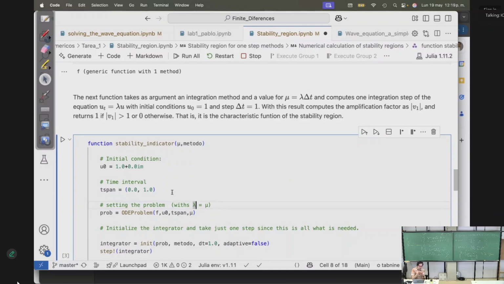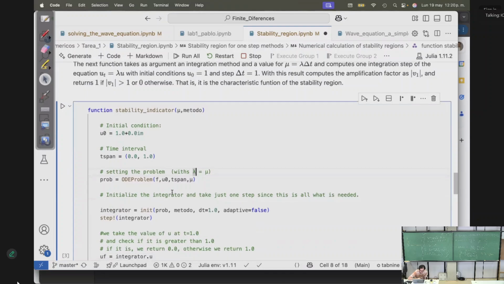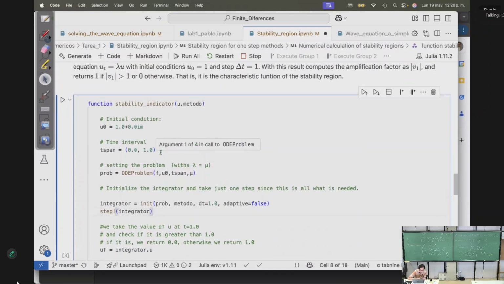If we do just one step of evolution and the solution starts to increase, then this tells us that this is unstable, and if it stays the same or decreases, then this tells us that the method is stable.